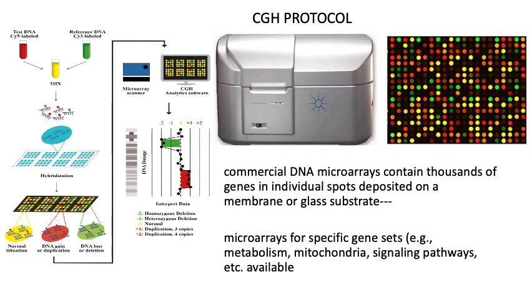You have microarrays also for specific gene sets that might be of interest for metabolism, mitochondria, specific diseases, signaling pathways, etc. And the machine looks at these and gives you a printout of each of these genes and from each of these spots in terms of their relative abundance, normal, high, or low.